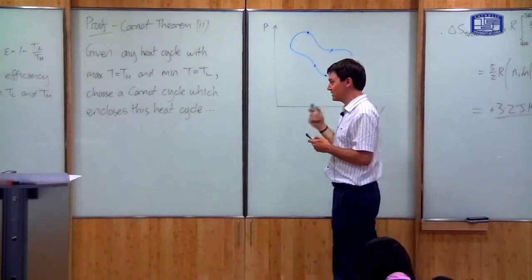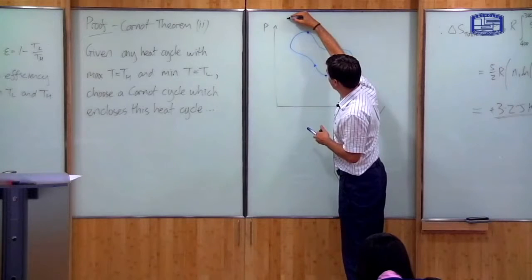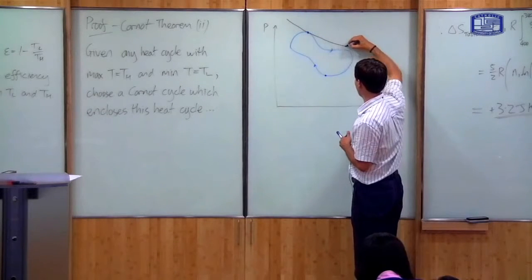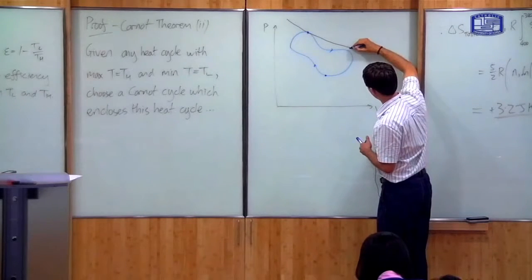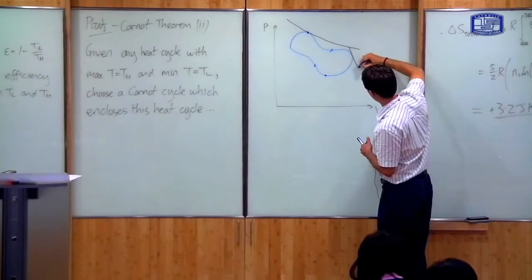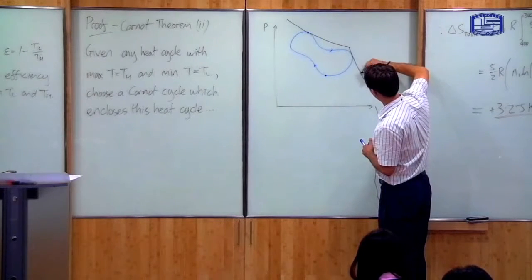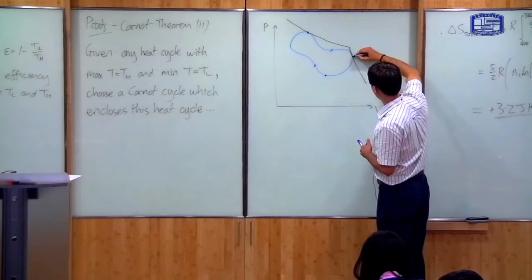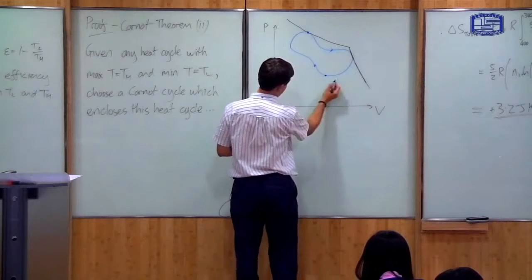And I enclose it in a Carnot cycle. So that means I choose the Carnot cycle which just touches the maximum temperature here and just touches the side down here. This. And just touches going back up here.